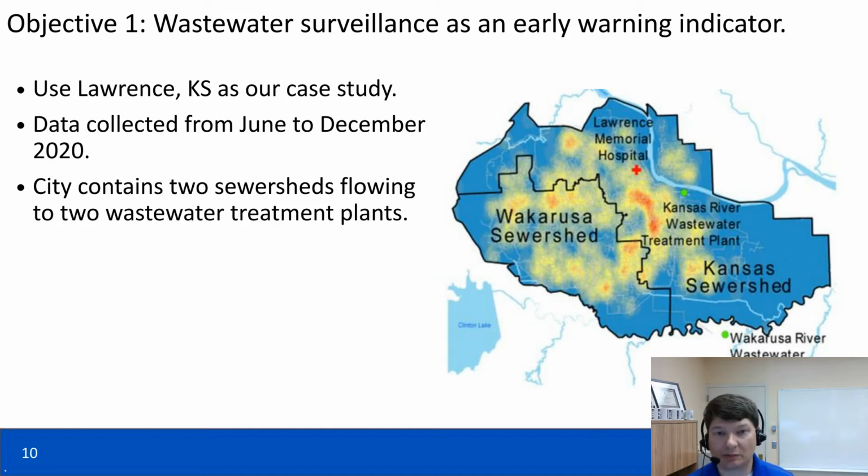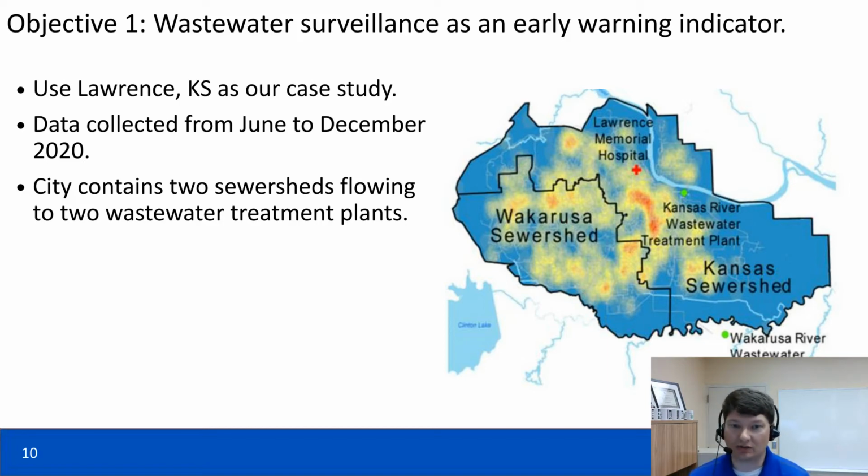In this particular community, we have two sewer sheds. On the bottom left, we have what we refer to as the Wakarusa sewer shed, and then the right top is the Kansas sewer shed. And these sewer sheds mostly flow into the respective wastewater treatment plants. I say mostly because the Wakarusa sewer shed actually flows to both plants.